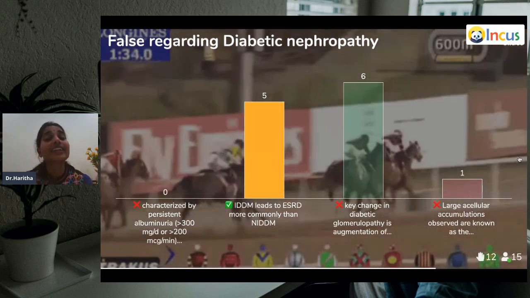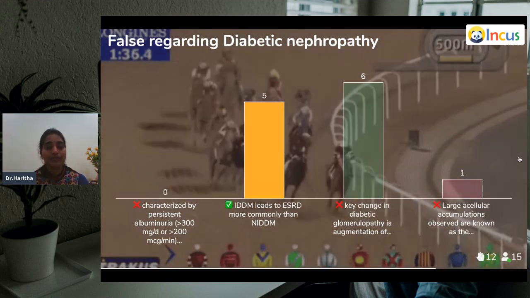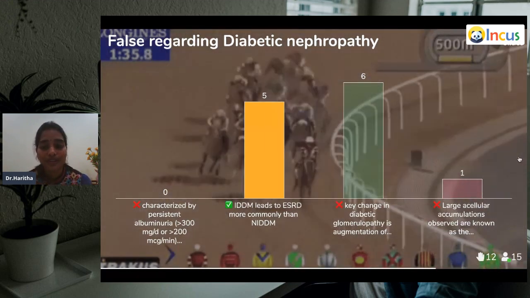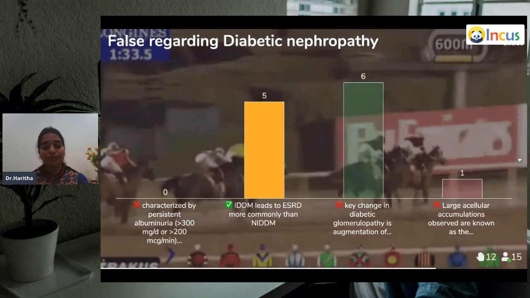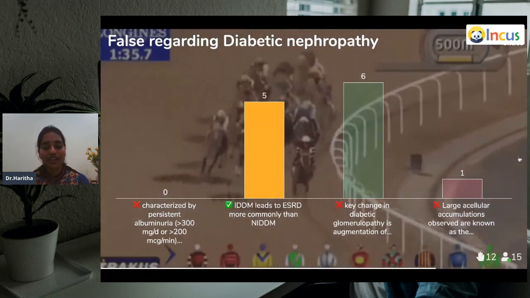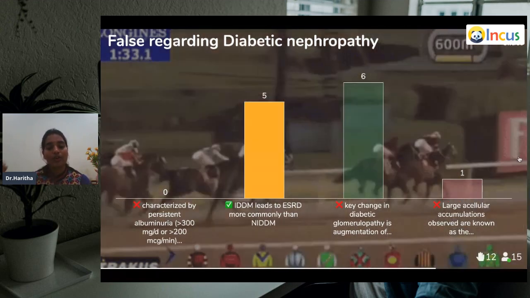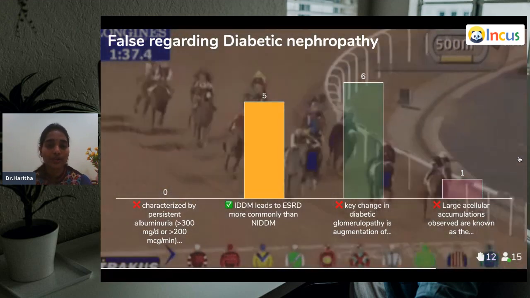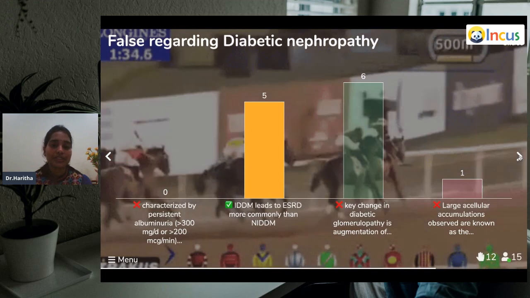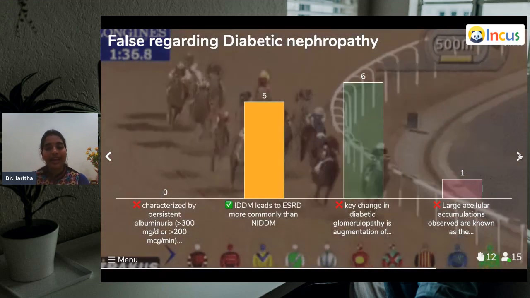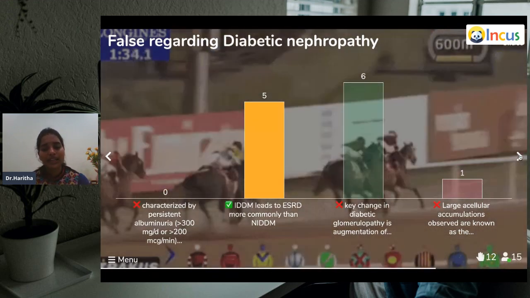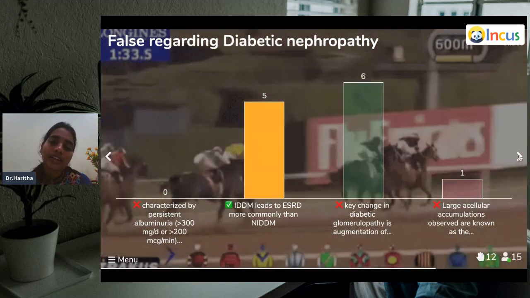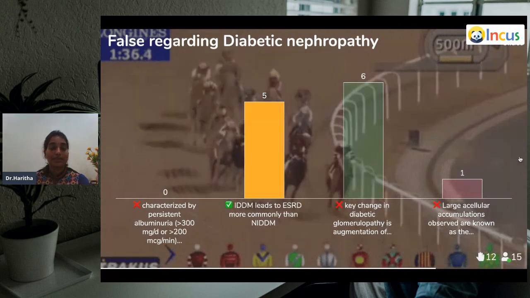I don't agree with it. That's the wrong answer, so that is false. Diabetic nephropathy is very important. It's persistent albuminuria with more than 300 mg per dL or 200 microgram per minute. That is a label. You can label the patient with a history of diabetes as diabetic nephropathy. And insulin dependent diabetes mellitus is less likely than non insulin dependent diabetes mellitus.